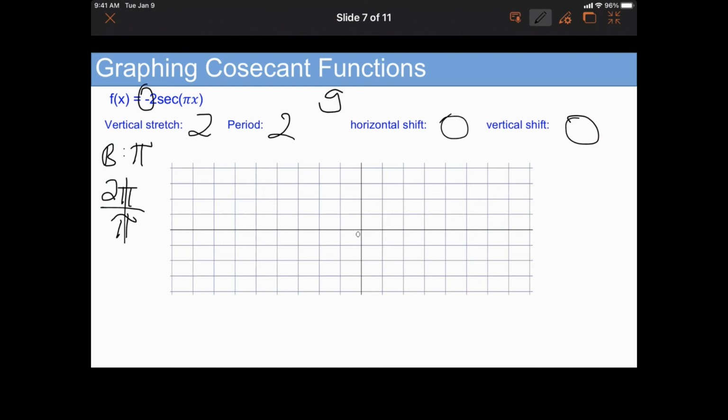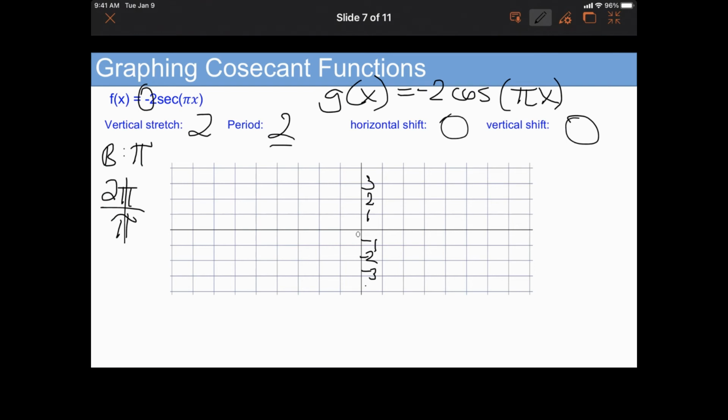So we're going to stretch and then reflect. Okay, so if it's 2, how do we label our x-axis?